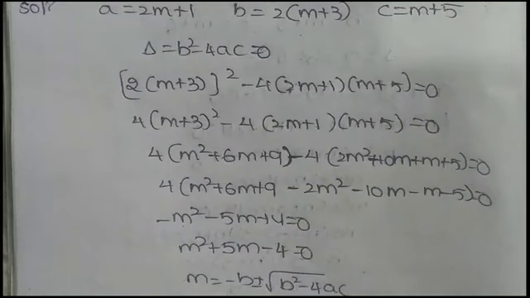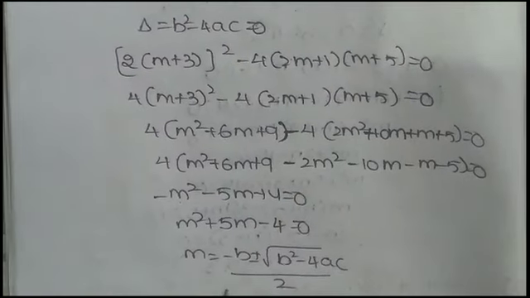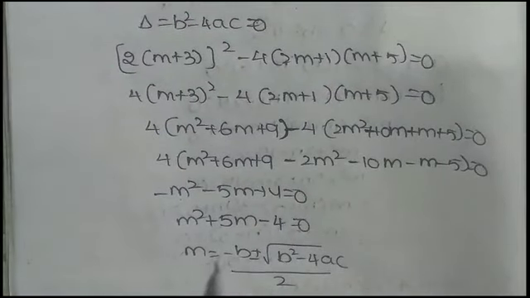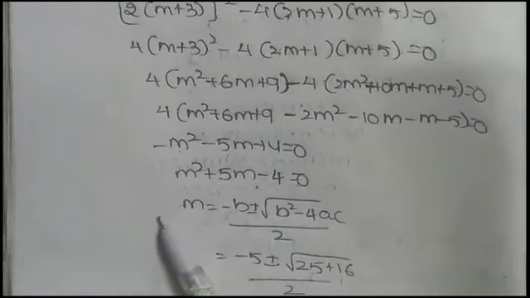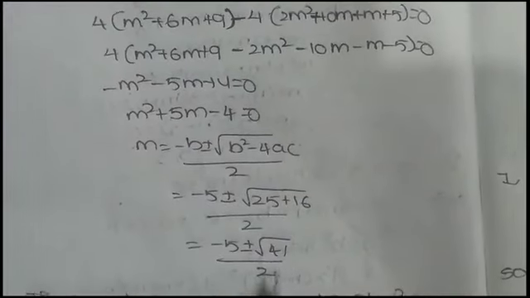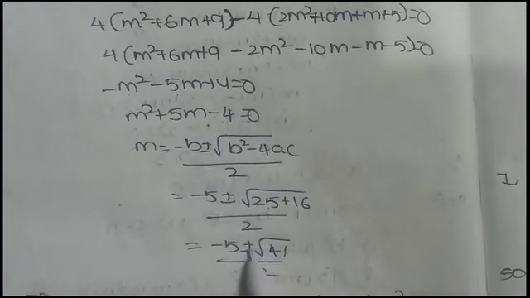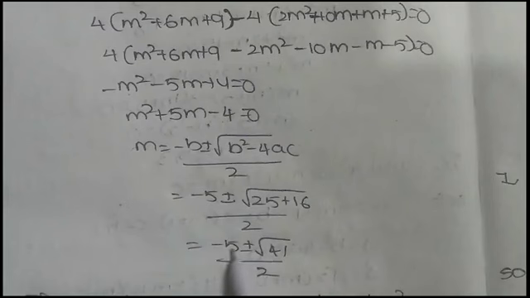So for that we have the formula also that we have learned in the first problem. m is equal to minus b plus or minus root of b square minus 4ac. Here a is 1, b is 5, c is minus 4. Then substitute the values and we will get the two roots, that is one is minus 5 plus root 41 by 2 and another root is minus 5 minus square root of 41 by 2.